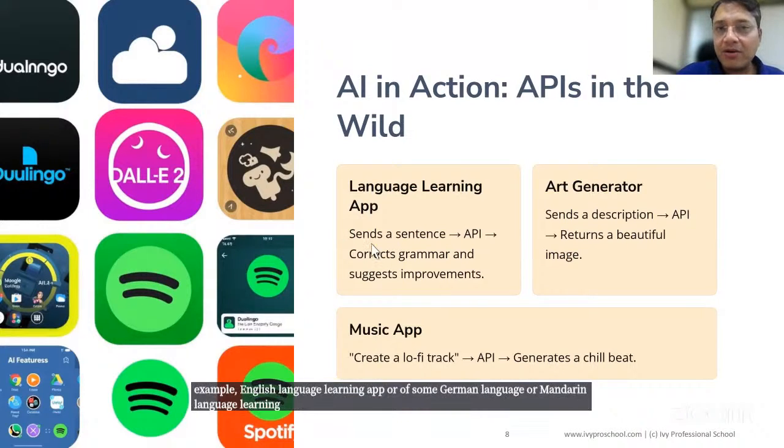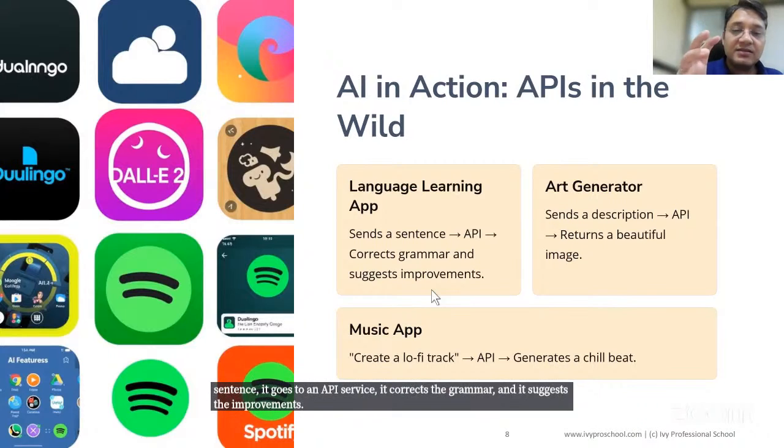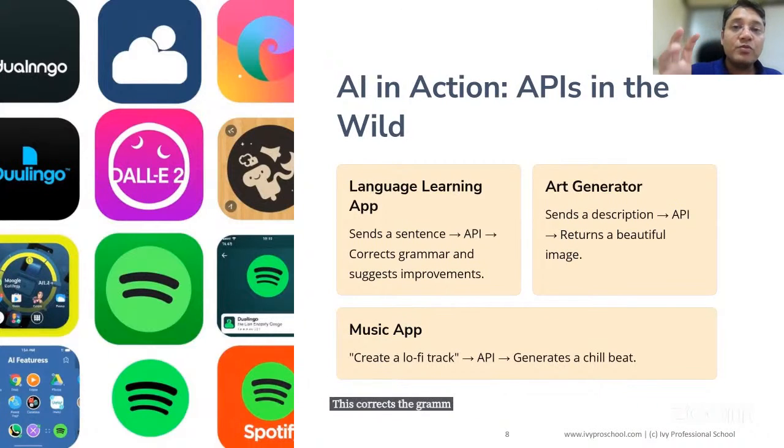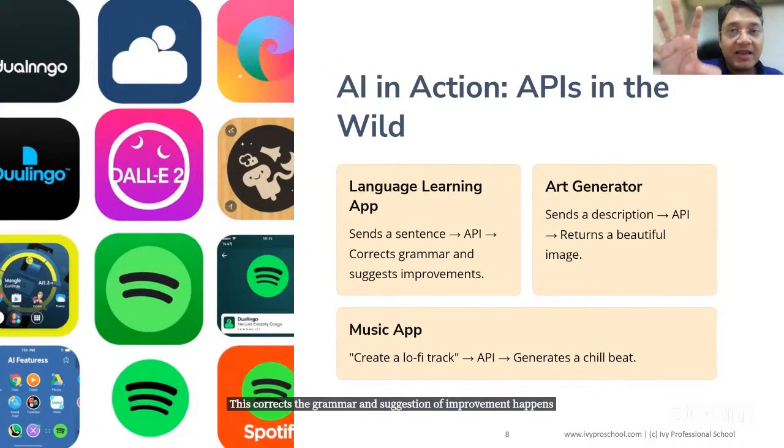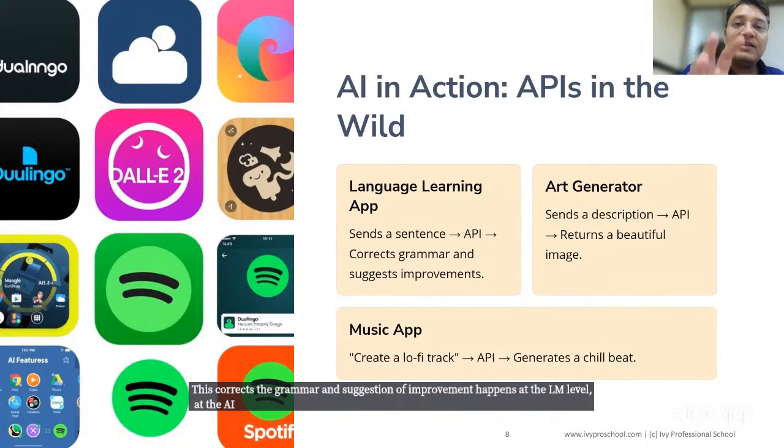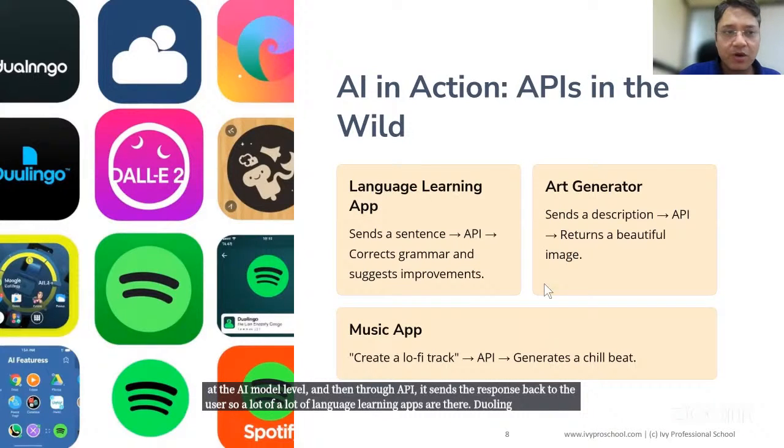But what is the flow that they follow? The user sends a sentence, it goes to an API service, it corrects the grammar, and it suggests improvements. This correction and suggestion of improvement happens at the LLM level, at the AI model level, and then through the API it sends the response back to the user. So a lot of language learning apps are there. Duolingo happens to be one of the most popular ones.